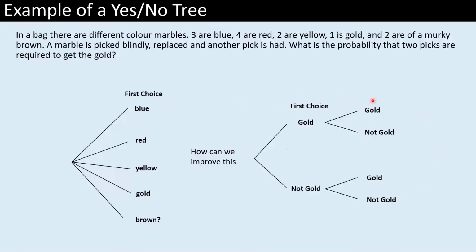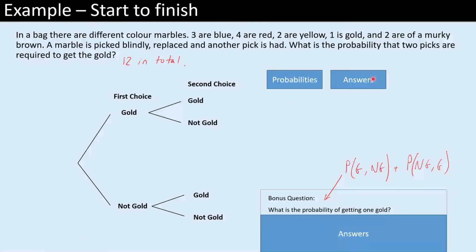What is the thing that we want? Does it change? If it doesn't change, we can simplify our trees significantly. When we simplify our trees, then finding the probabilities is just the same as we did before, but we need to look carefully for the probabilities that we are looking for.